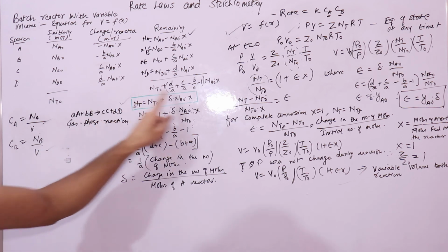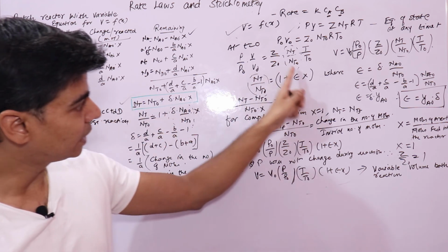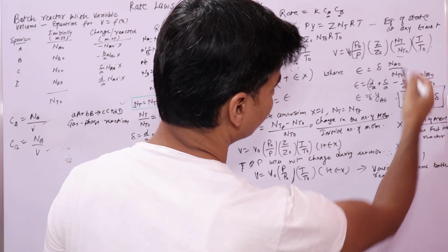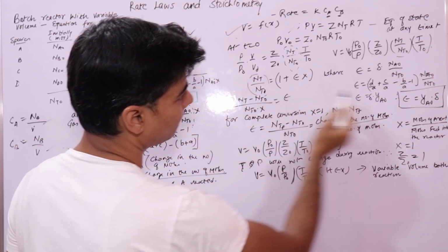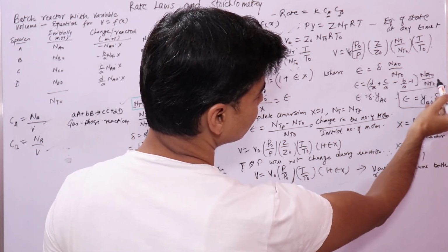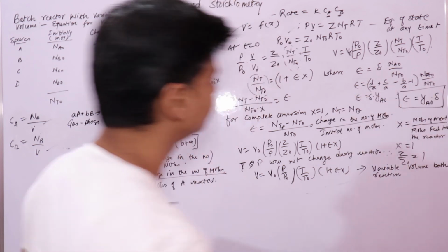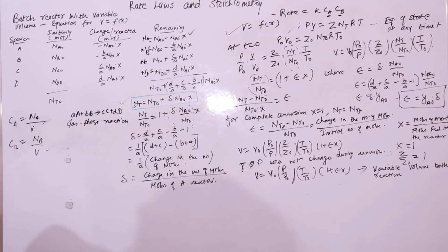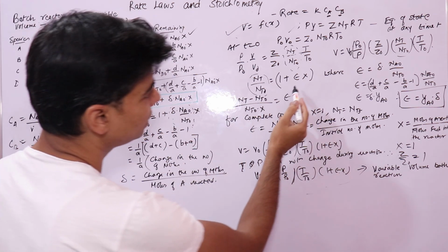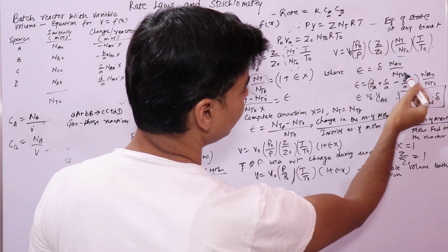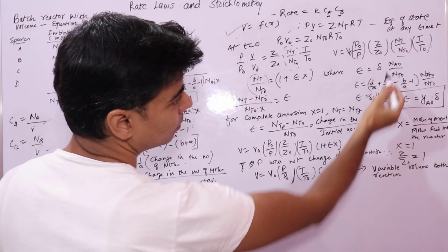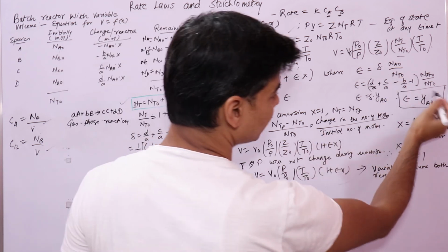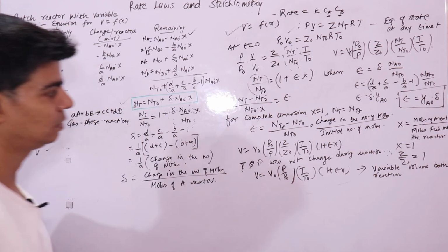So you will further solve this equation to get this value of epsilon. And epsilon is this, right? And this Na0 upon Nt0 you will get from this equation, which is moles of A out of total number of moles, which is your mole fraction. So this epsilon changes to this, right?